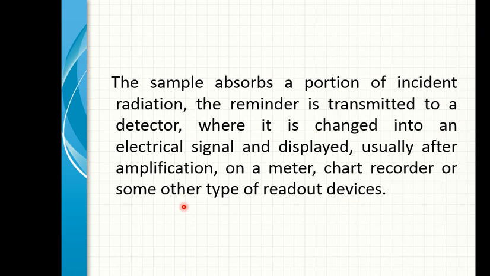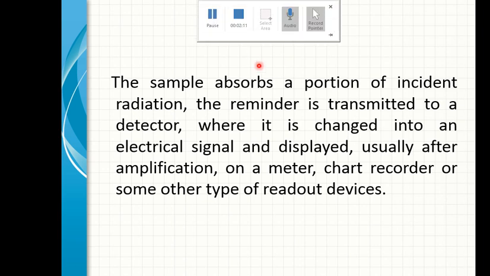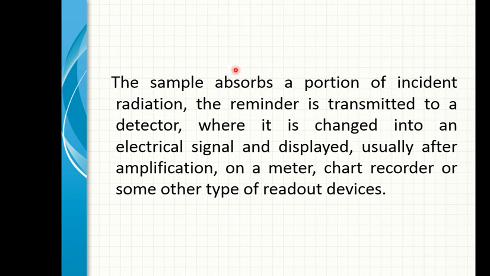From the difference between the incident and transmitted radiation, we can know how many photons of electromagnetic radiation are absorbed by the sample, and we can know the quantity of the reagent in the sample. From the data we can quantify the sample and calculate the content percent of the material in the sample.